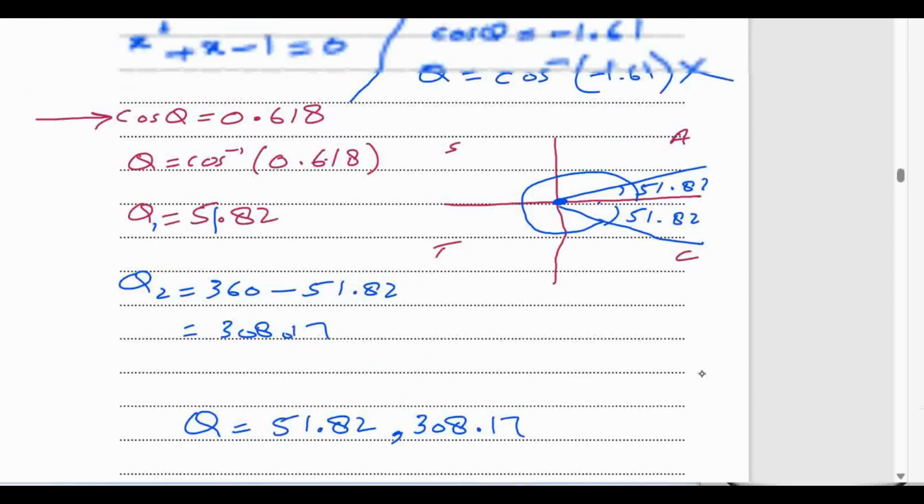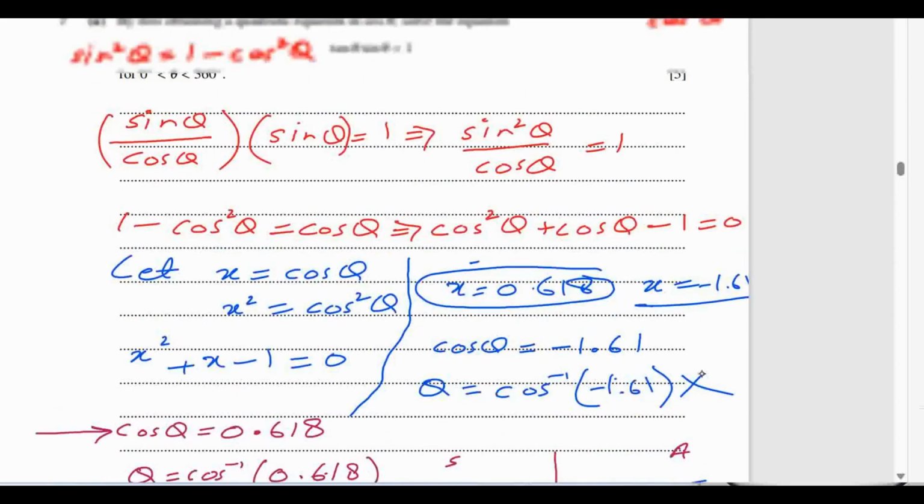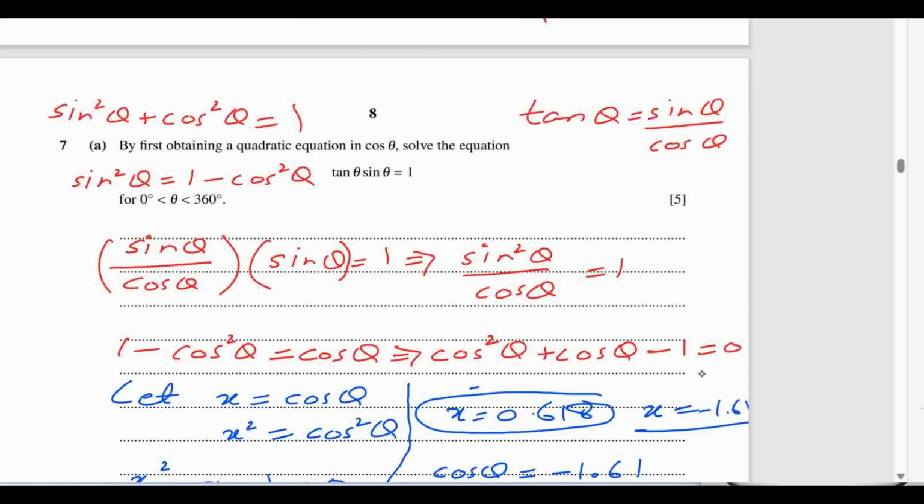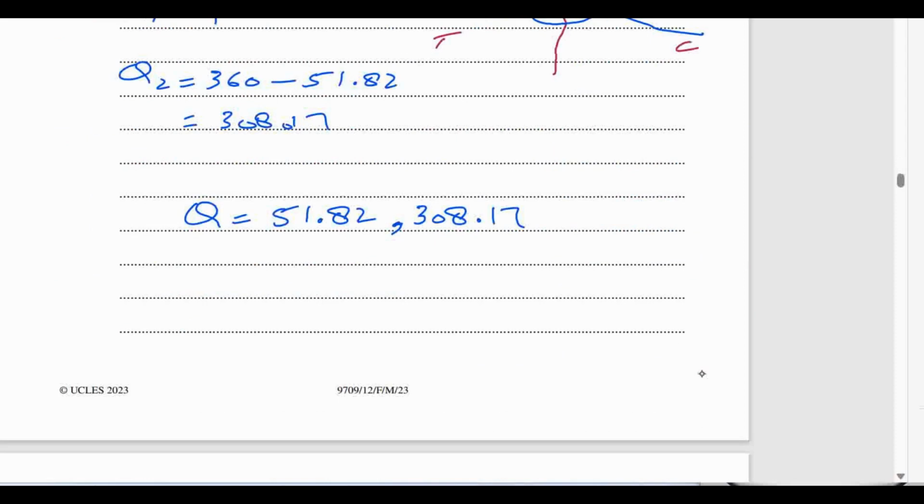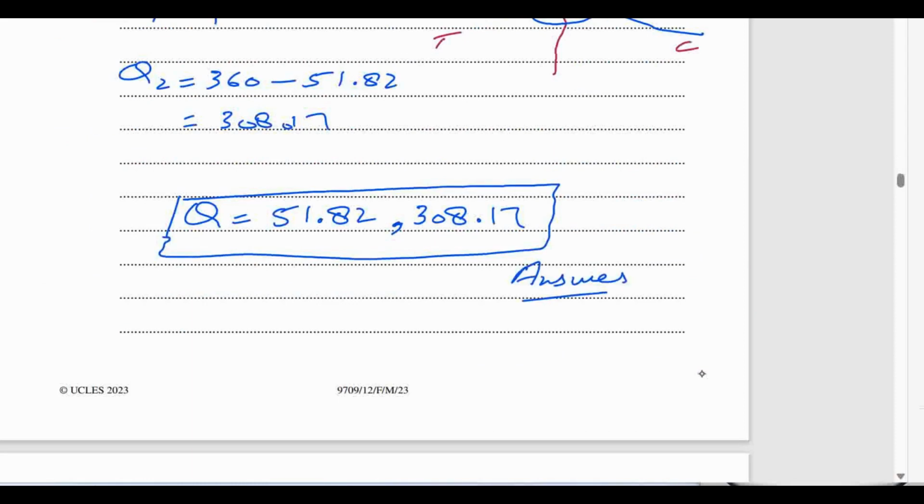Let's see the range first. The required range is from 0 to 360 degrees. So these two values lie within this range, so this will be the final answer. I hope that the concept is clear.